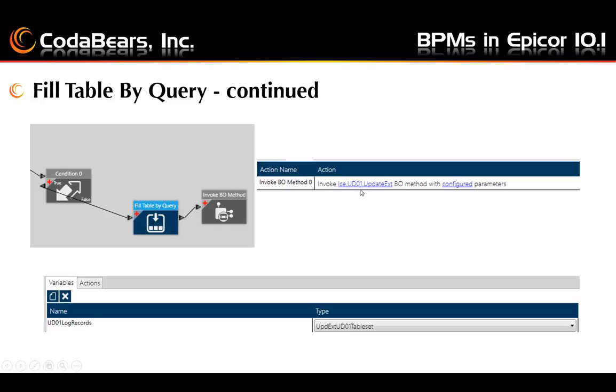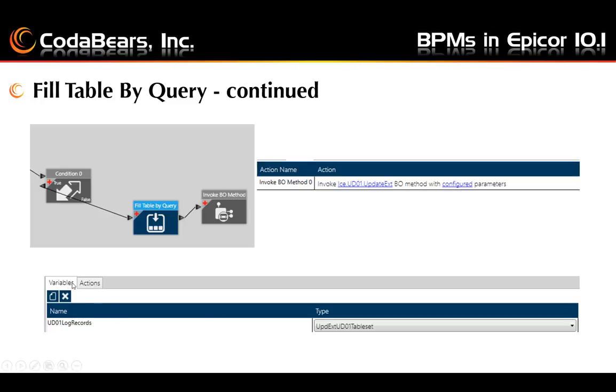So in this case we're using the UD01 and the update extended method, and then you have a configured section which will allow you to map the different options needed for your business object and method. You can specify the parameters with that configured parameters option.